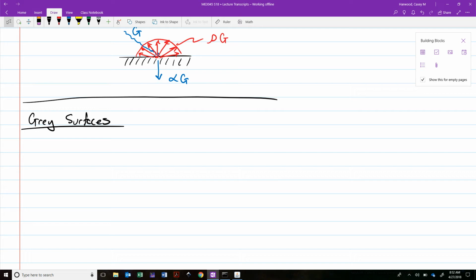It's figuring out what alpha is, what epsilon is, and what your various spectral and total emissivity and irradiation quantities are, and just adding them up in different ways. This is made a lot easier if we can make one assumption, and that is that alpha equals epsilon, that the absorptivity is equal to the emissivity.